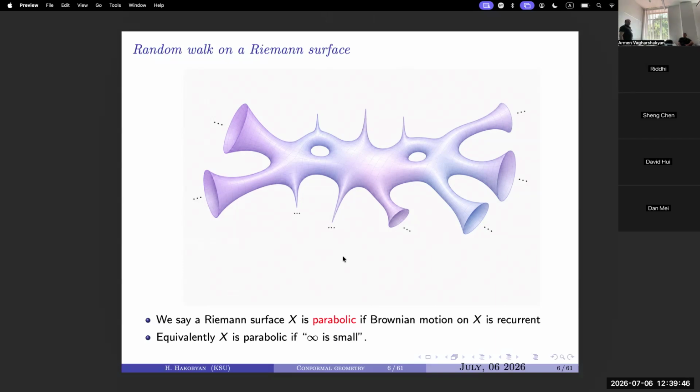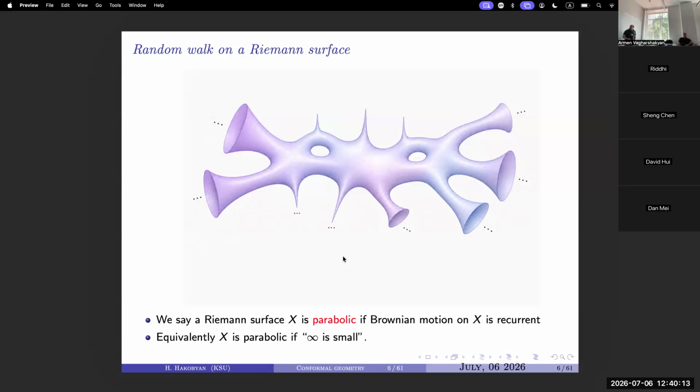For those of you who know function theory, it means that there are no non-trivial bounded harmonic functions, or actually no Green's function. So this one doesn't have that property. It's not parabolic because of these funnels here. If it had only cusps like that, then it would be parabolic.